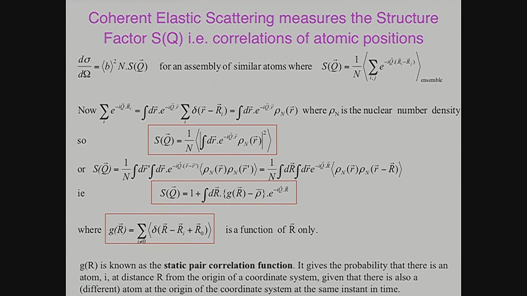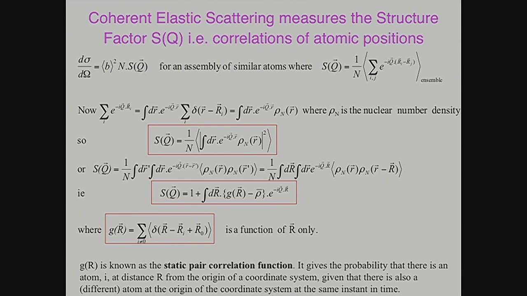And this form has in it two important quantities. This thing called G of R is called the static pair correlation function. It gives you the probability that if you have a nucleus at the origin of your coordinate system, you have another nucleus at position R away from the origin.